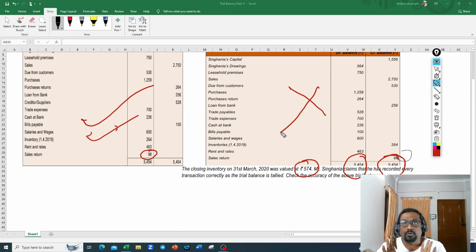But only thing what you need to keep in mind is my rectified trial balance is perfect because I've rectified bills payable, which is incorrectly accounted, sales returns which was incorrectly accounted, that has been accounted, trades payable which was incorrectly accounted has been rectified. Like that, we rectified whatever mistakes he has committed, and we have prepared a correct trial balance. Clear? This is what the problem is.